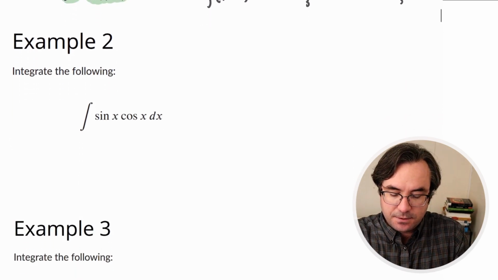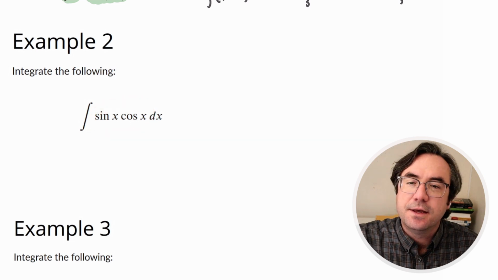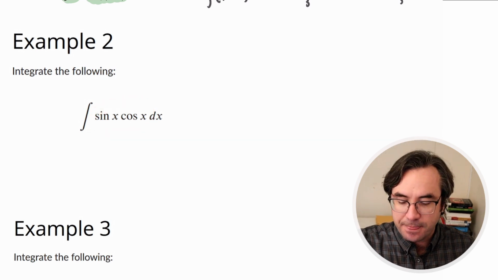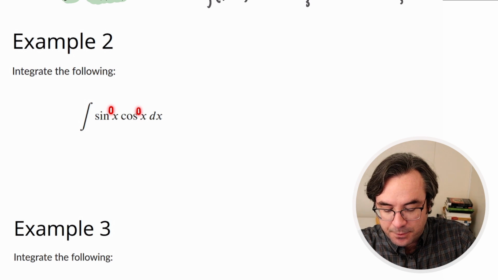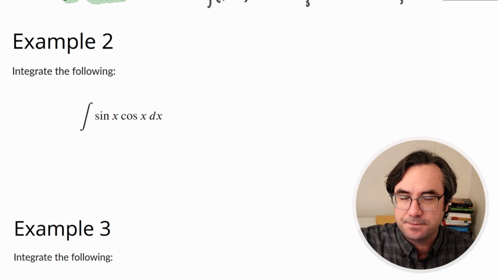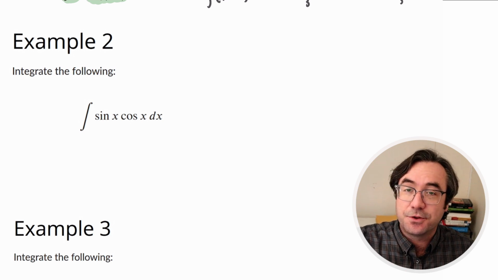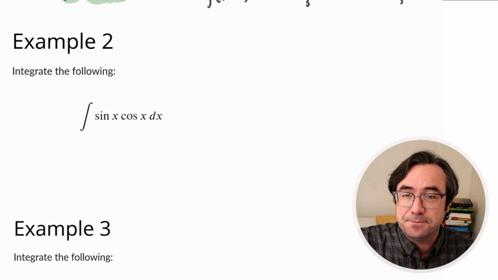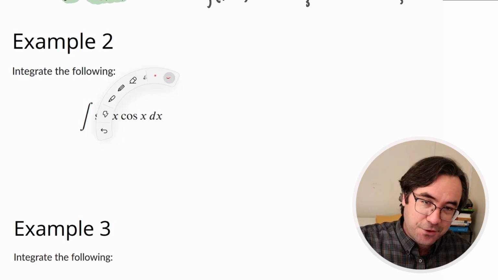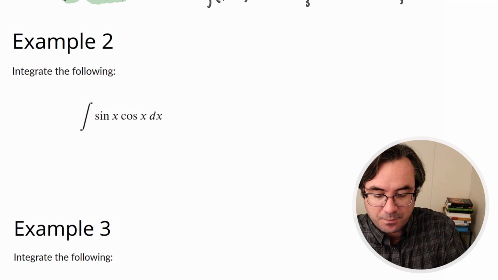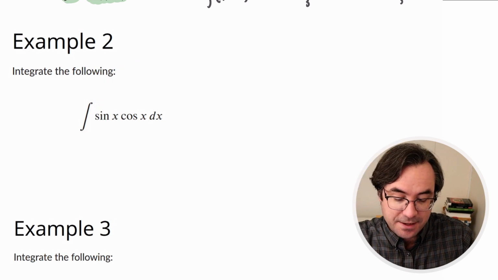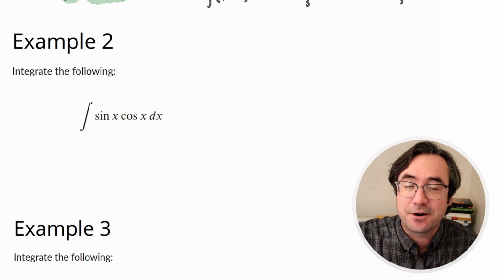And the function we're integrating is sine times cosine. And even though they're not written, both of these have an exponent of 1. So both of them have an odd power here. So there's kind of two ways we could do this one. For the practice, probably the best way is, well, cosine x is already there.